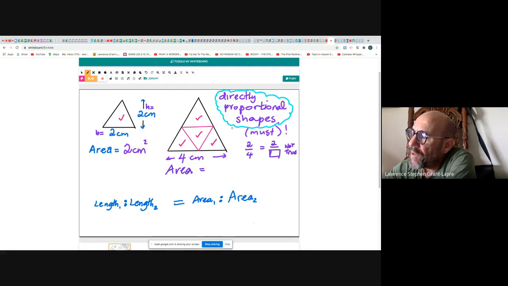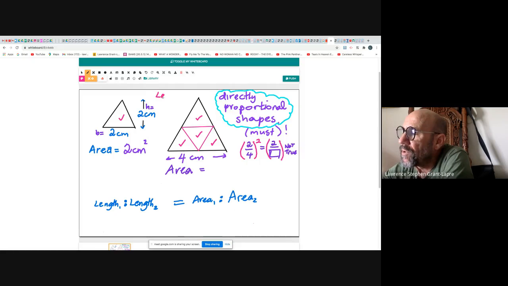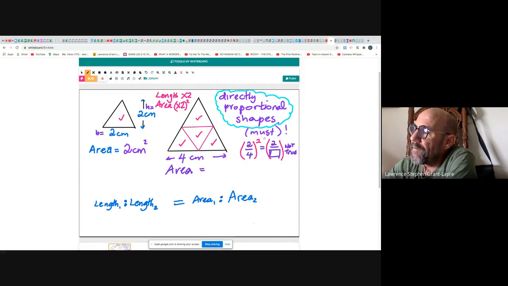So the length 1 to length 2 does not equal area 1 over area 2. We have to square the length 1 and the length 2 because you see the length has doubled. The length is doubled, so the area is going to be double squared, which is 4 times the size. So if the length doubles, the area increases by a factor of 4 because of that square factor.